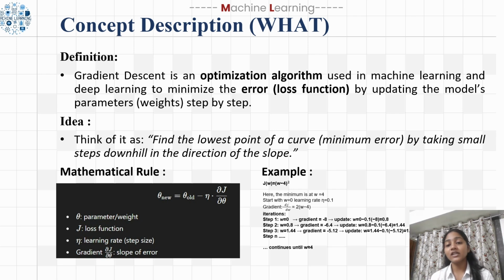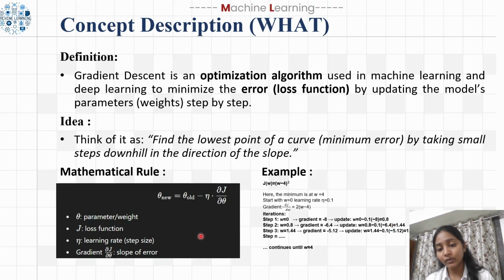In the first iteration w is 0, so the gradient becomes minus 8, because 0 minus 4 is minus 4, and 2 into minus 4 is minus 8. Then we update the weight: w equals old weight minus learning rate into minus 8, and our updated weight is 0.8.